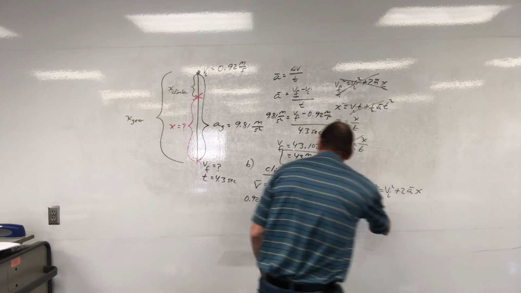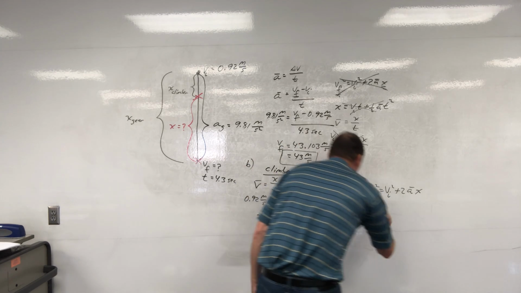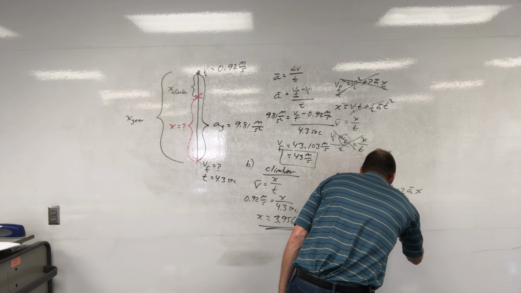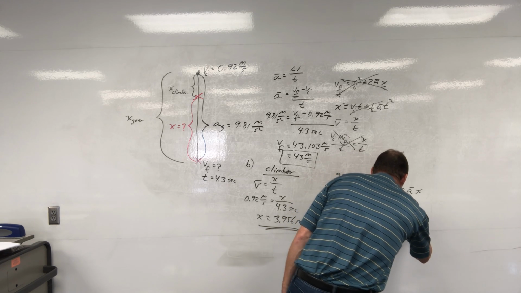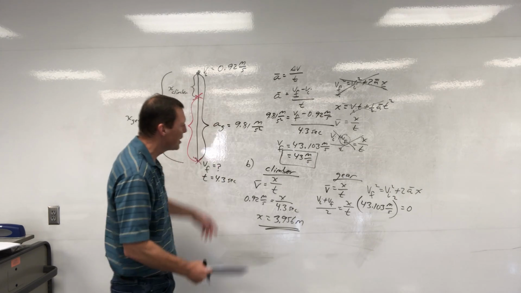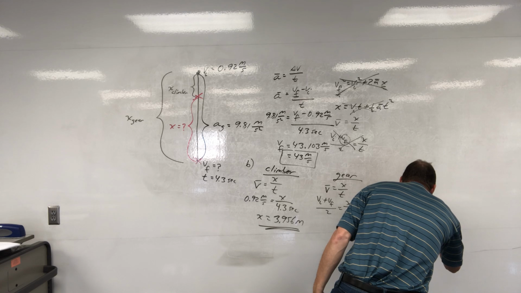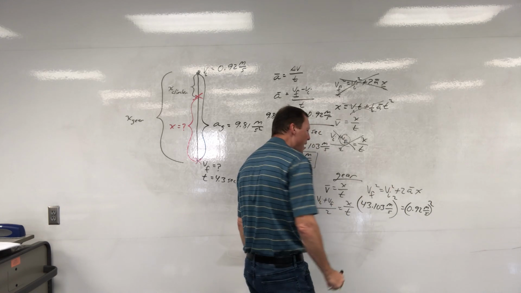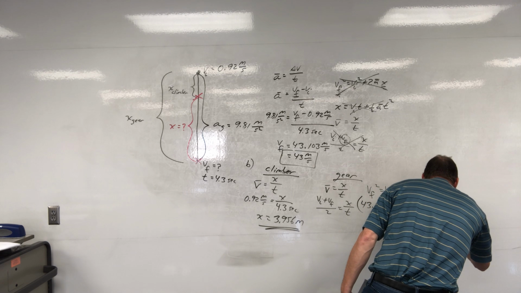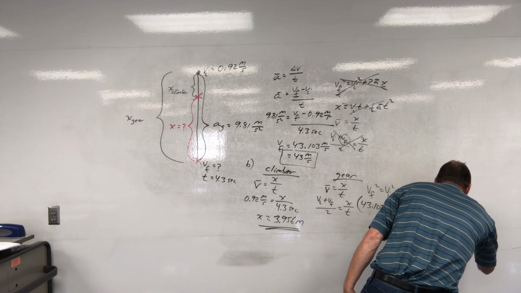So for final velocity, I'm going to substitute in my unrounded number, 43.103 meters per second. Don't forget to square that. Equals, actually not 0, 0.92 meters per second. Again, don't forget to square that. Plus 2 times 9.81 meters per second squared.